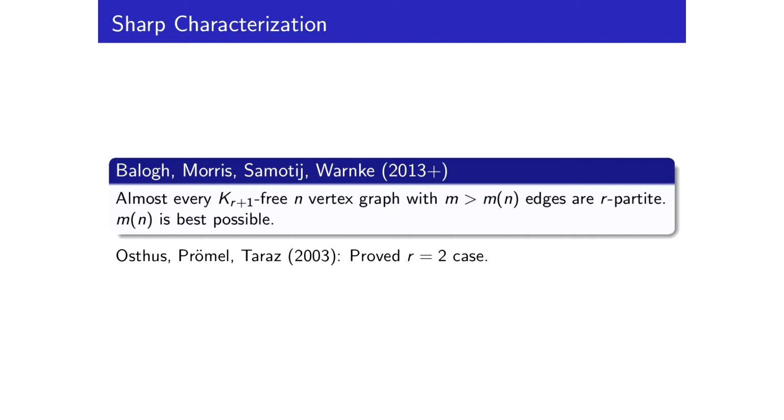So we determine the function m(n), which was represented on the previous page, such that almost every K_{r+1}-free graph on n vertices with m edges, where m is more than m(n), is r-partite. And this m(n) is best possible. This result was known for the case of triangle.